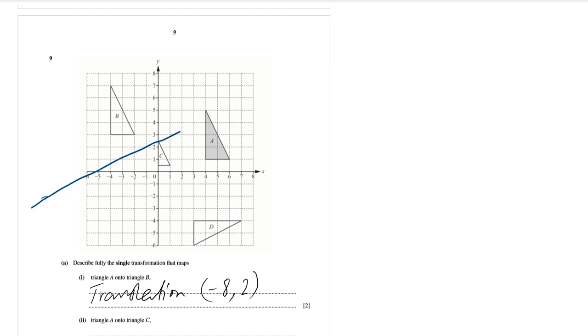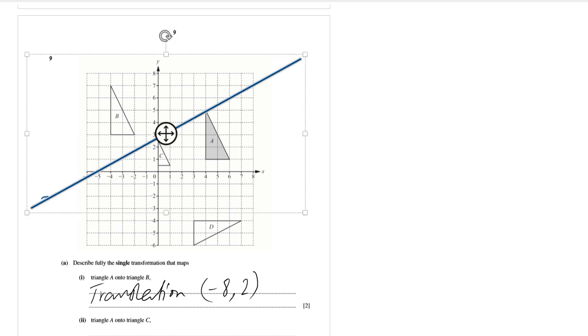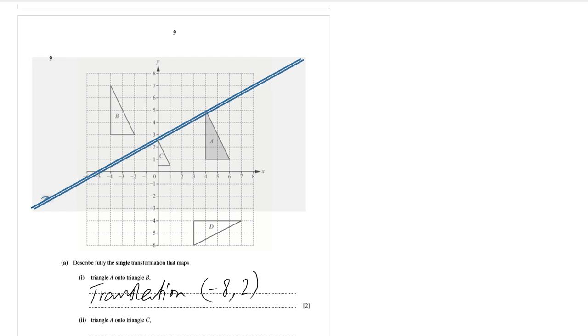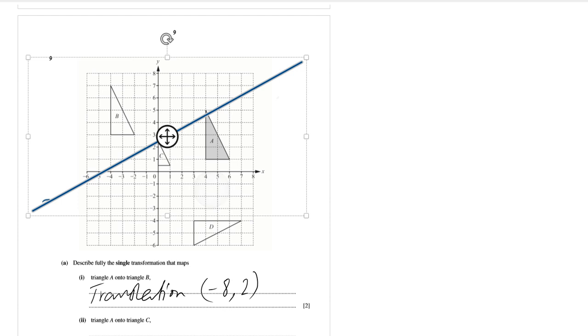So let's use some extended lines to find the center. This should be a little bit downwards. So I think this should be it.